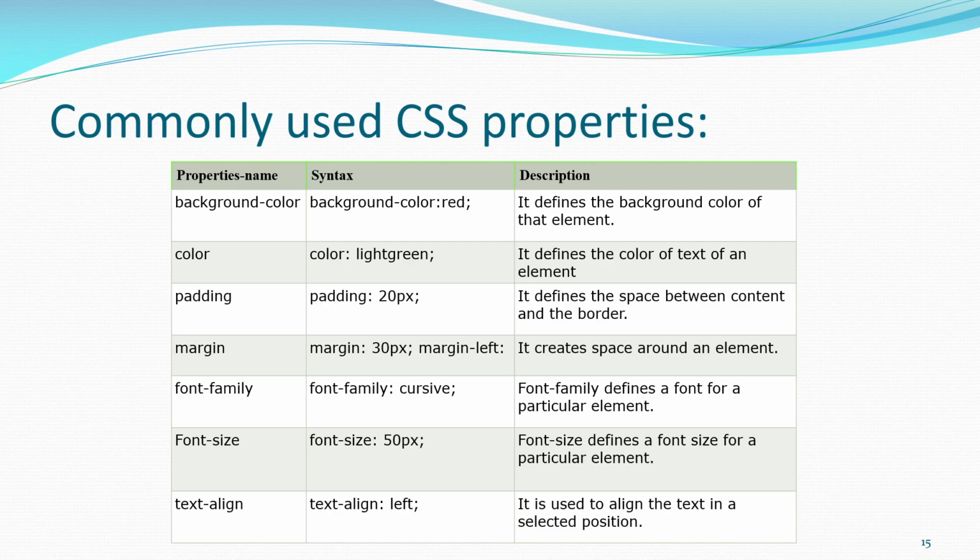Your margin creates a space around the entire element. Font family is where we define the font to be used. So italic, cursive, all that's in there. Font size, so in pixels, defines our element, and then text alignment. So they're the common ones.